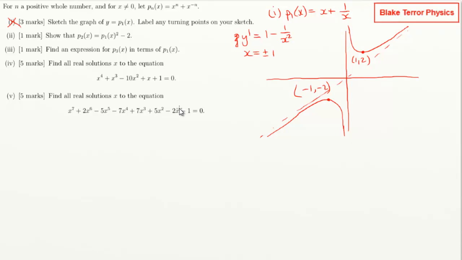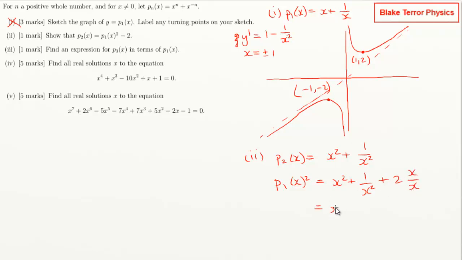Part 2, show that p2 of x is p1 squared minus 2. Okie dokie. So p2 of x is x squared plus 1 over x squared. Then p1 of x squared is going to be x squared plus 1 over x squared plus 2 lots of x over x.